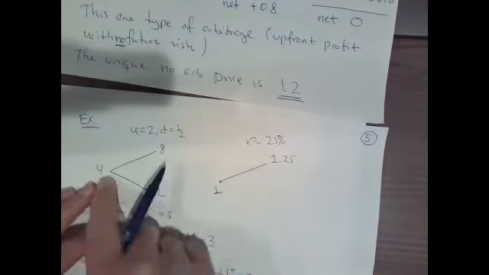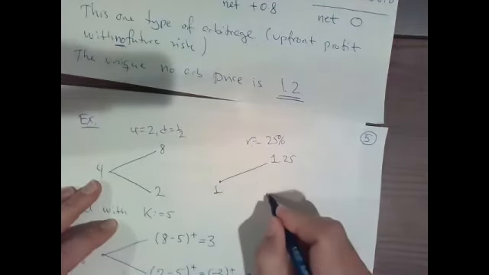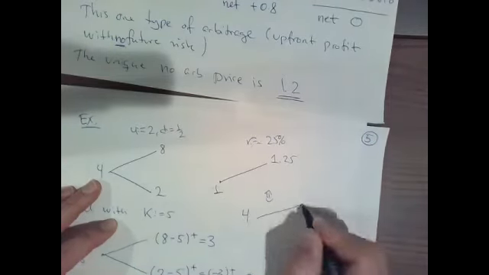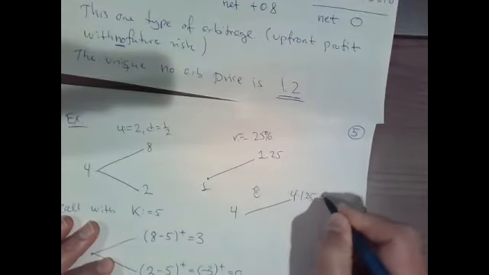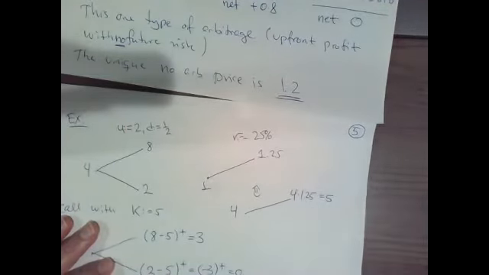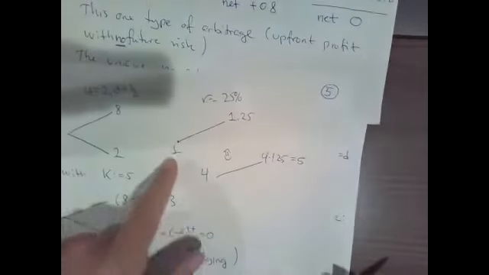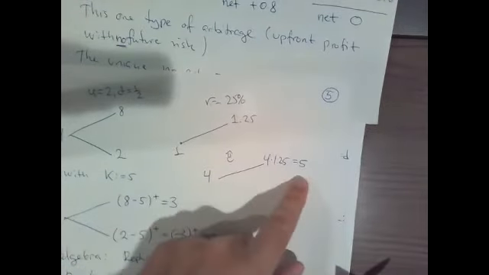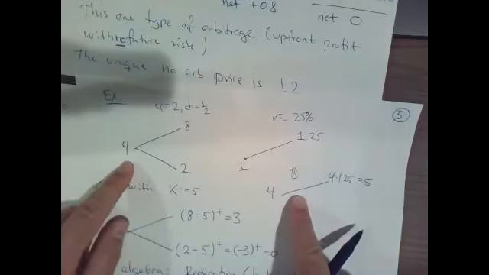So I need to put 4 here. There's no difference between this picture and then having 4 go up to 5. There's no difference between starting at 1 and going up to 1.25 or starting at 4 and going up to 5. And I can combine these two now.